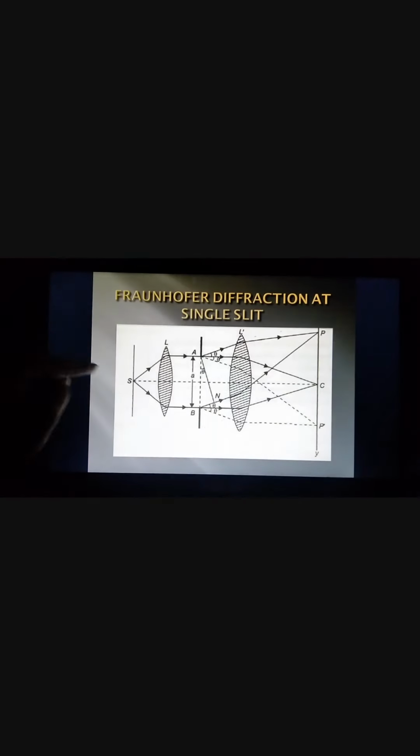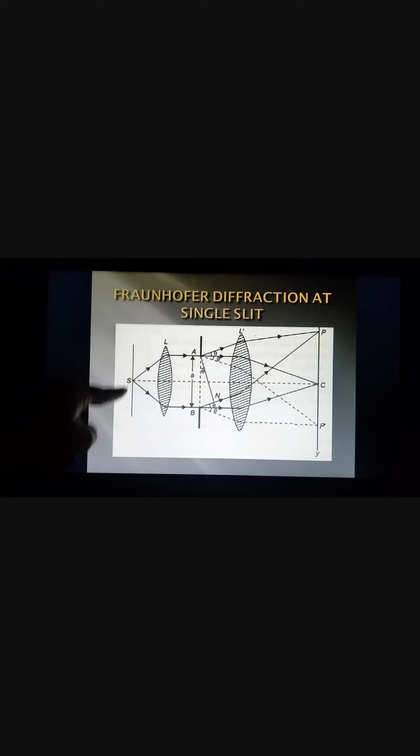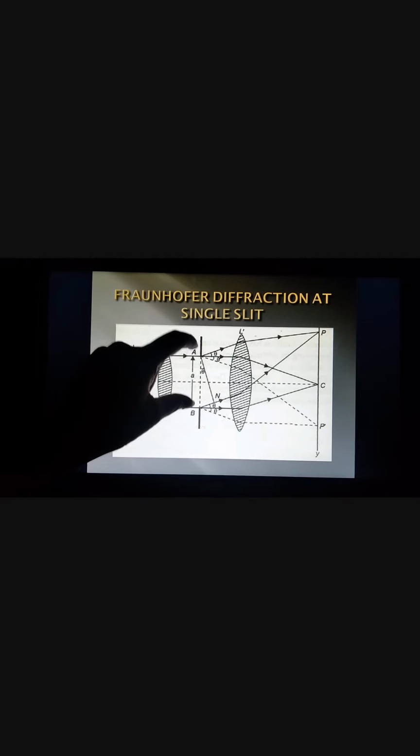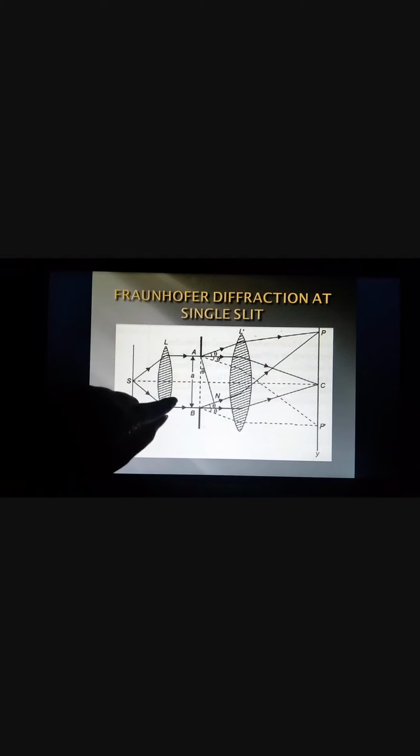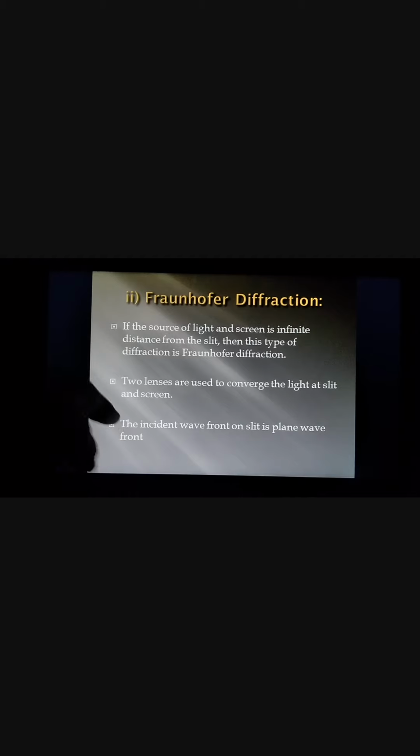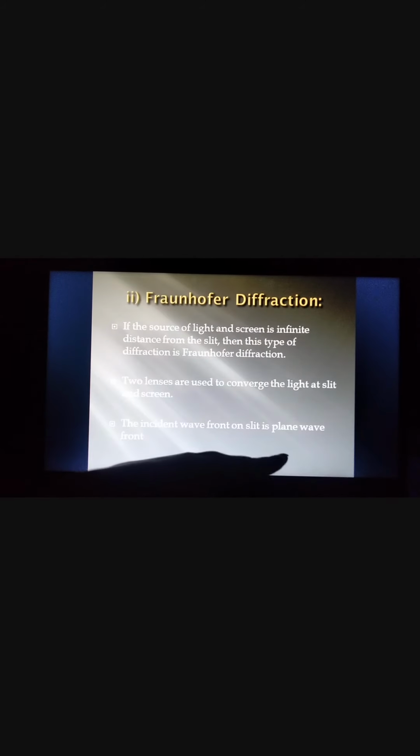So coming to the diagram, the source is placed at the focal plane of the convex lens. Whenever the light rays come from the focus, the convex lens can make the light rays into parallel rays. So here the incident rays are taken as parallel rays in front of the slit. Now coming to the third point, the incident wavefront on the slit is a plane wavefront.